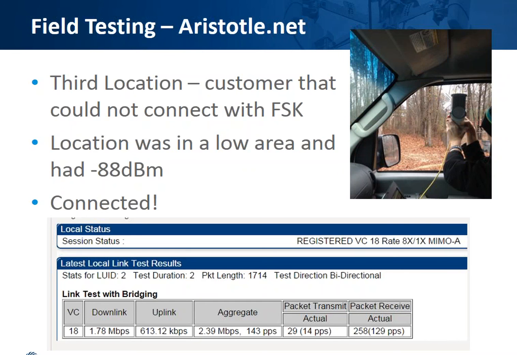It picked up the AP and connected, at neg 88, and still had almost 2.5 meg aggregate connection, so almost 2 down and 1 up. So this is like perfect stuff for heavily wooded areas. Even with a high interference level, it seems to work really, really good.